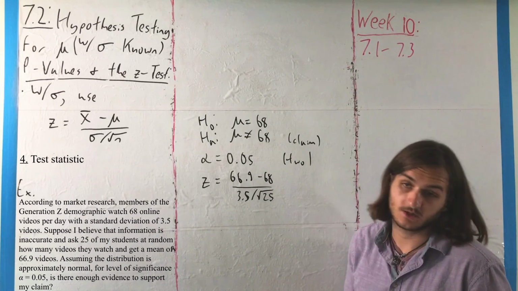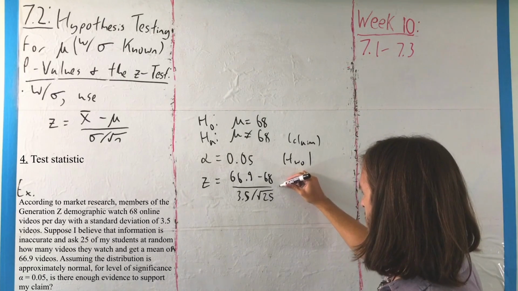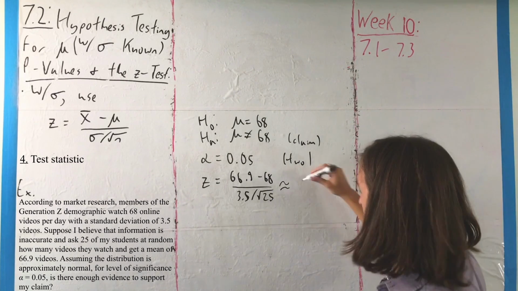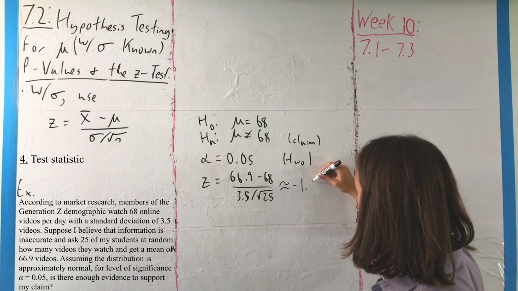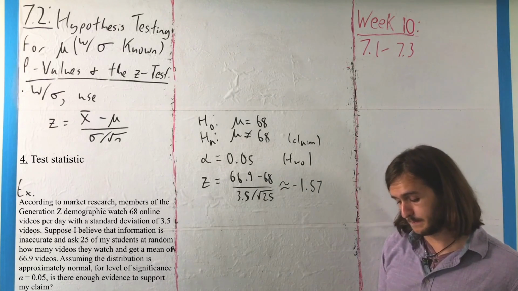Hey, it's a nice one, and it's always nice when that happens. But spit all that out, and we will get a z-score of about negative 1.57.